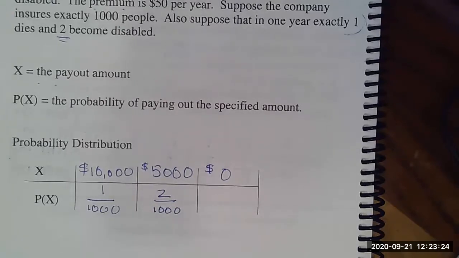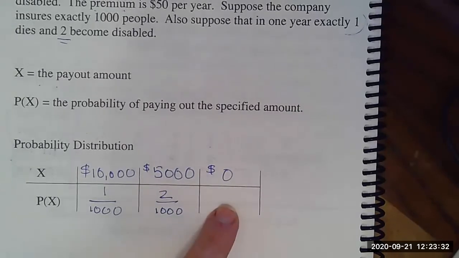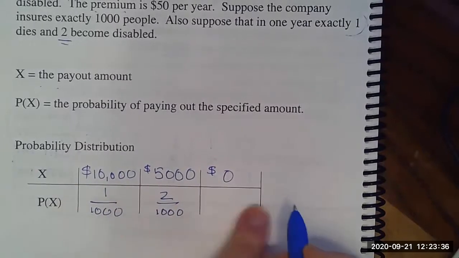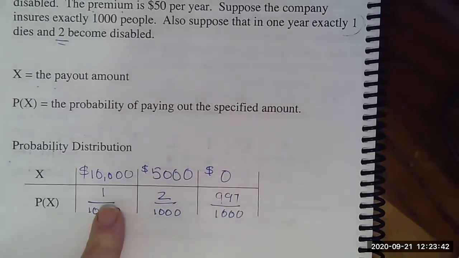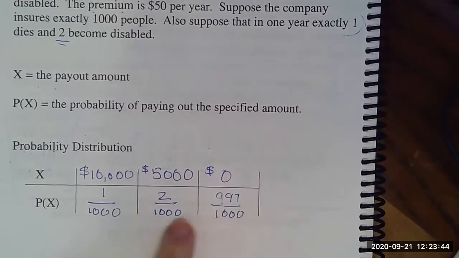It's called the complement. The leftover is the complement. That's the other way of doing it too: I want to make this up so that it adds up to 1. I'm missing 997, so that the numerators all add up to 1,000.